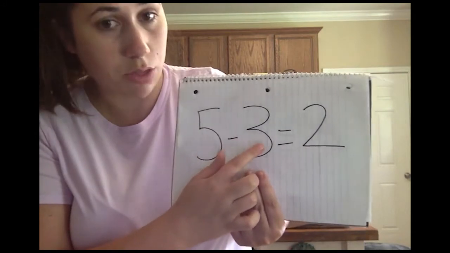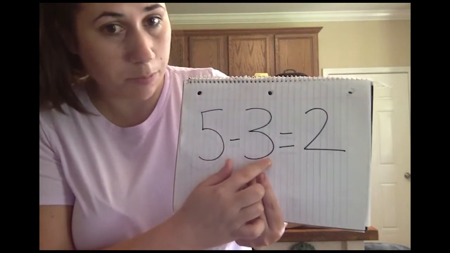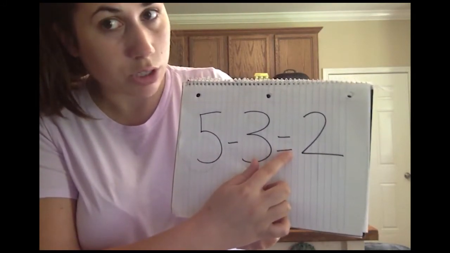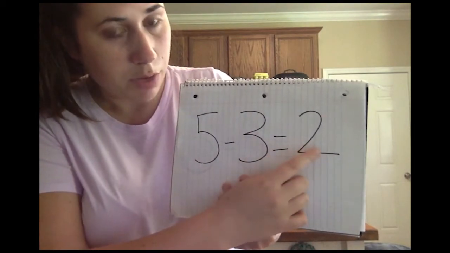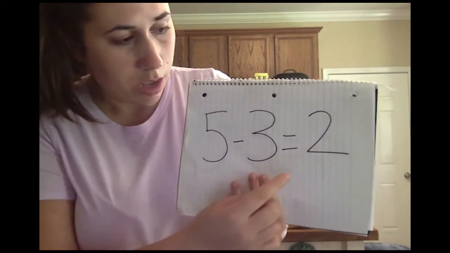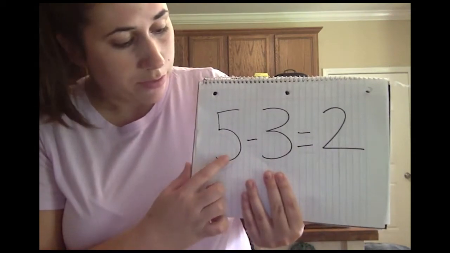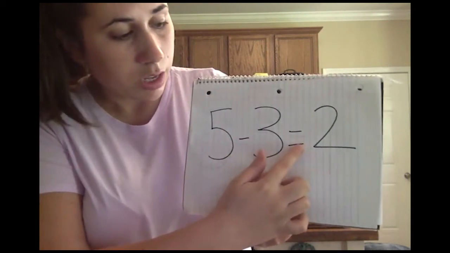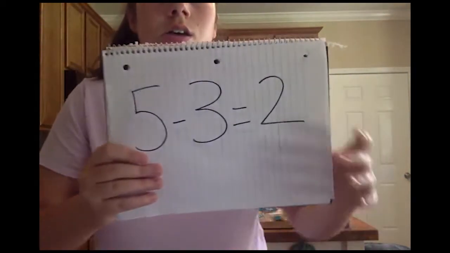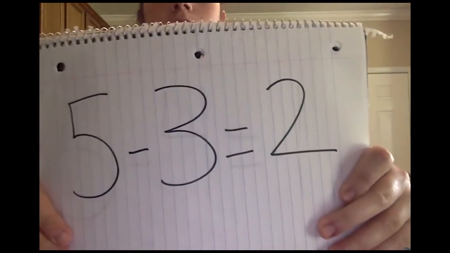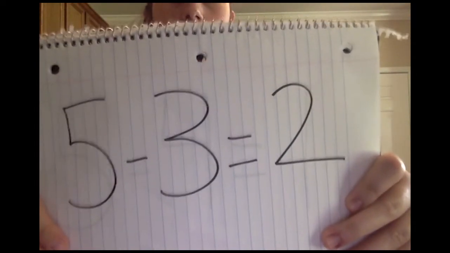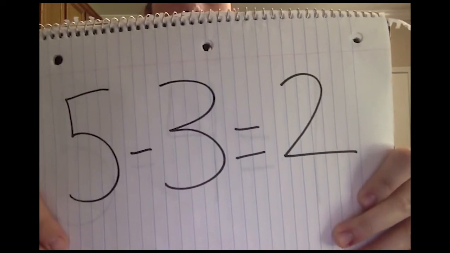We took away 3 items. Here's our 3. Here's our equal sign, which just tells us it's going to show us how many we had left over here. So we had 2. So we have 5 minus 3 equals 2. I'll put this right here so you can get a better look at it. If you want to pause the video so you can write it out, feel free to.